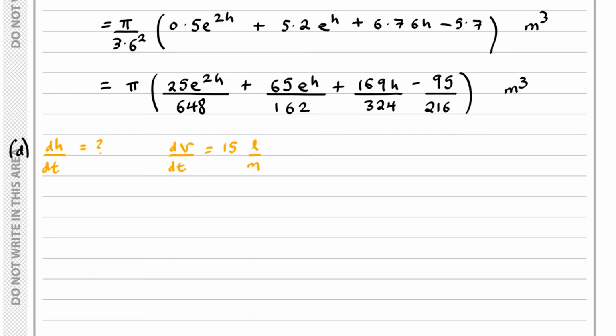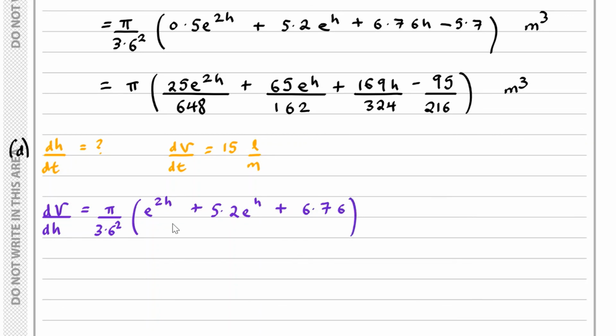We'll do this in a different colour. dV over dH is equal to pi over 3.6 squared lots of e to the power of 2h plus 5.2 e to the power of h plus 6.76.